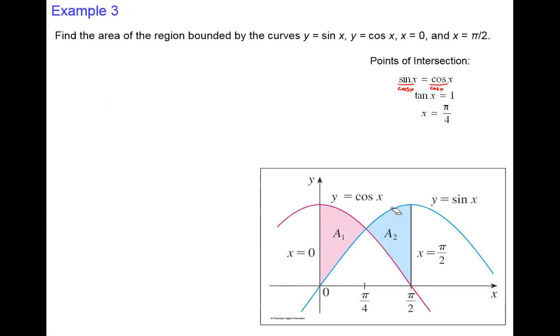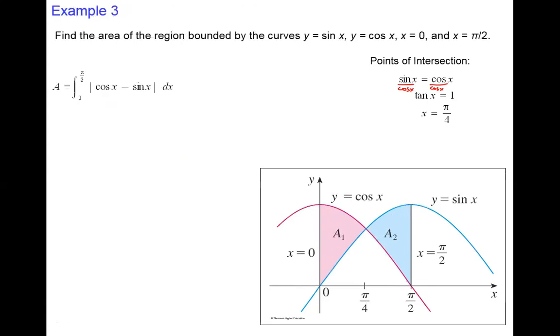We have 2 parts and we would have to integrate twice. But if we notice, the region A sub 1 and the region A sub 2 are exactly the same, so we may use the symmetry. I can integrate, get the value of 1, and multiply by 2.